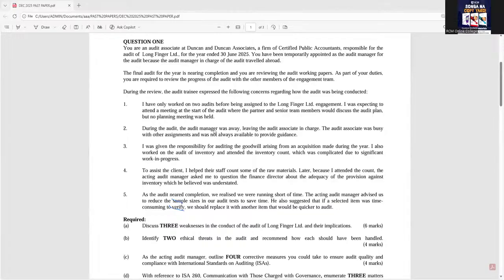You can see what happened in this point here. To assist the client, I helped their staff count some of the raw materials. Later, because I attended the count, the acting audit manager asked me to question the finance director about the adequacy of the provision against inventory, which he believed was understated. As you can see, this audit trainee was part and parcel of counting the raw materials.